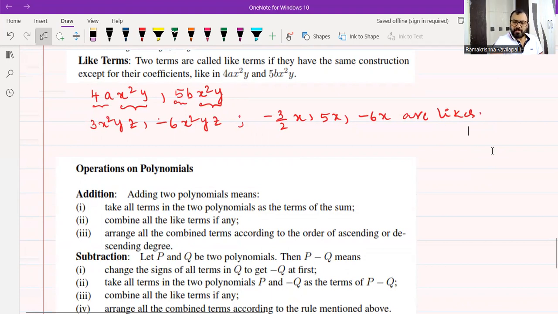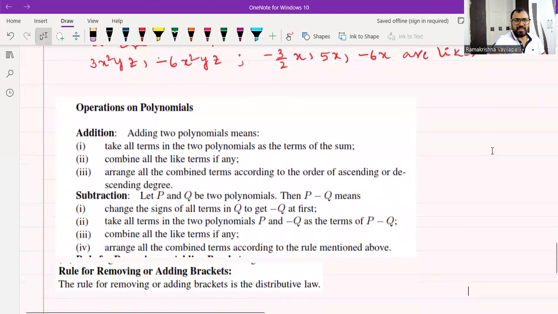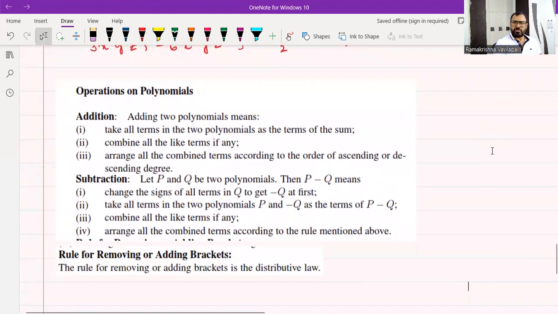Here is the construction of how we add two polynomials. Two polynomials can be added, which means that you have to club all the terms of the given two polynomials, or three polynomials or more. Take all the terms in the two polynomials as the terms of the sum.